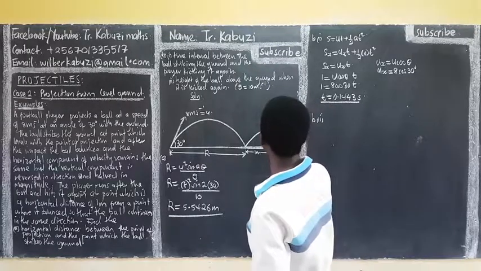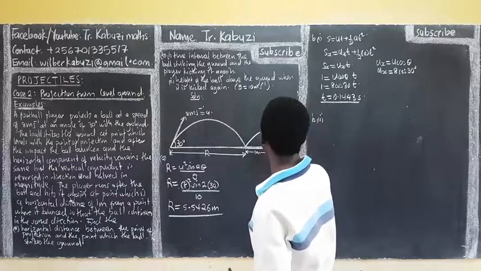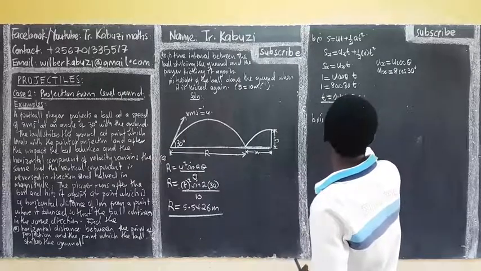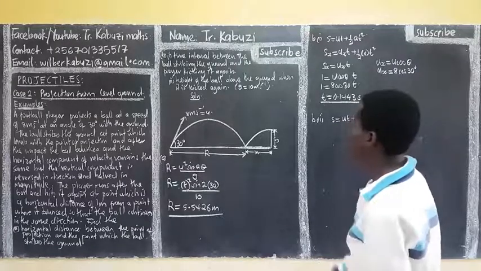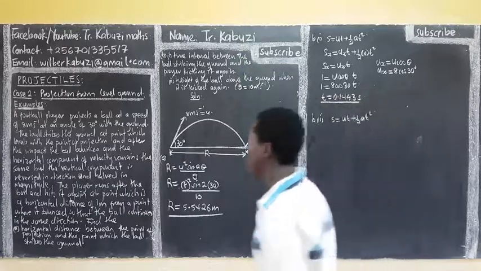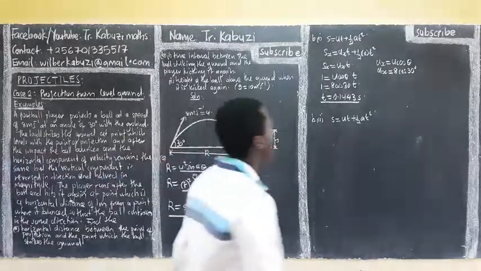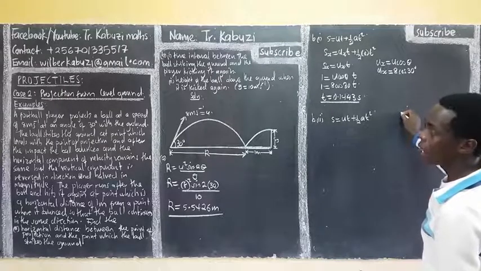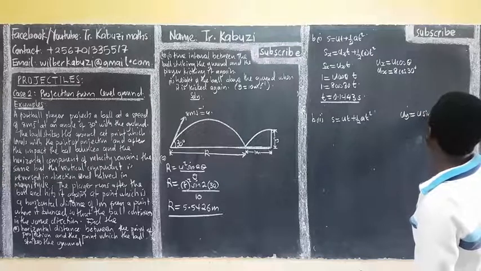Then part B, Roman numeral 2, they're asking for the height of the ball above the ground when hit again. This height here is Y. So still using S equals UT plus a half AT squared. Remember, they told us that after bouncing, the vertical component is reversed in direction and halved in magnitude. Our vertical component, UY, is going to be U sine theta.